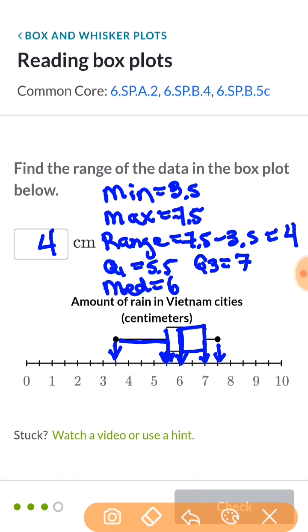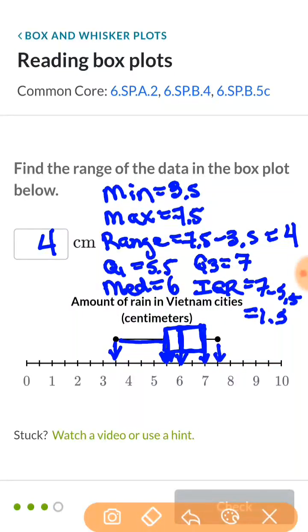And since I already know my max, to find my interquartile range, the IQR, I'm finding the difference between quartile 3 and quartile 1. So that's really just how wide is this box? And so that's 7 minus 5.5, and that's just 1.5.